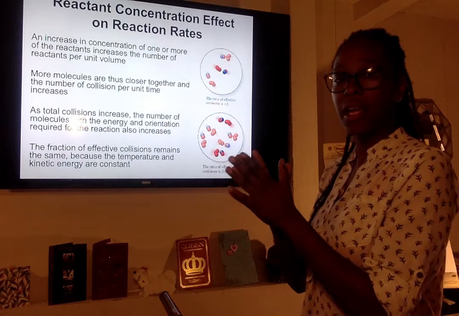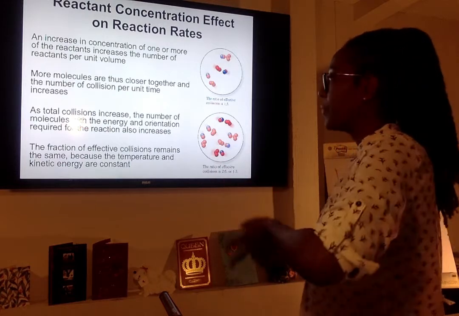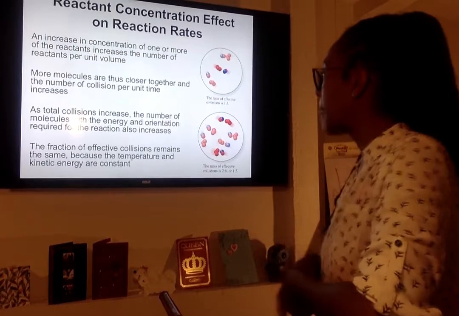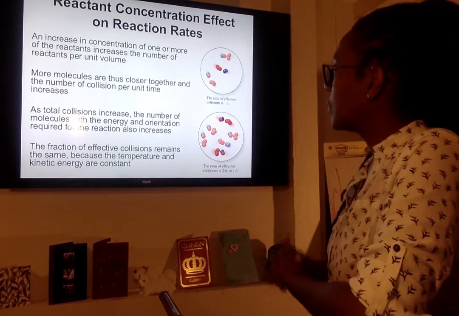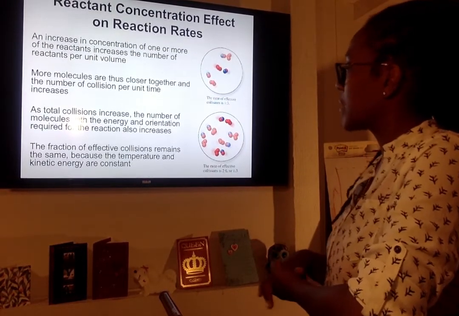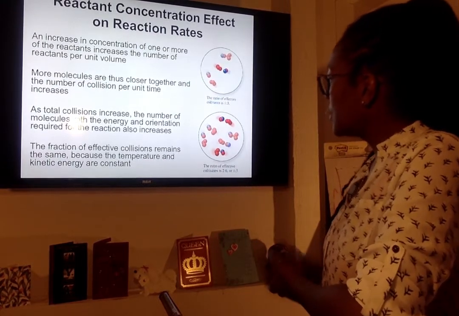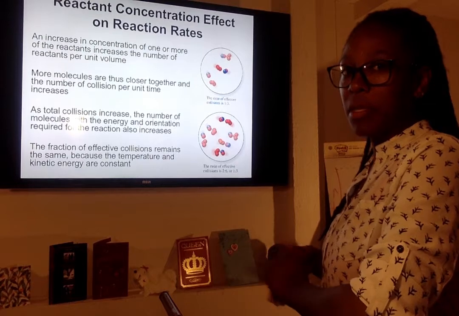So when they collide, a reaction is going to take place. An increase in the number of collisions increases the rate of reaction. The fraction of effective collisions remains the same because the temperature and kinetic energy are constant. So the number of collisions is going to increase.